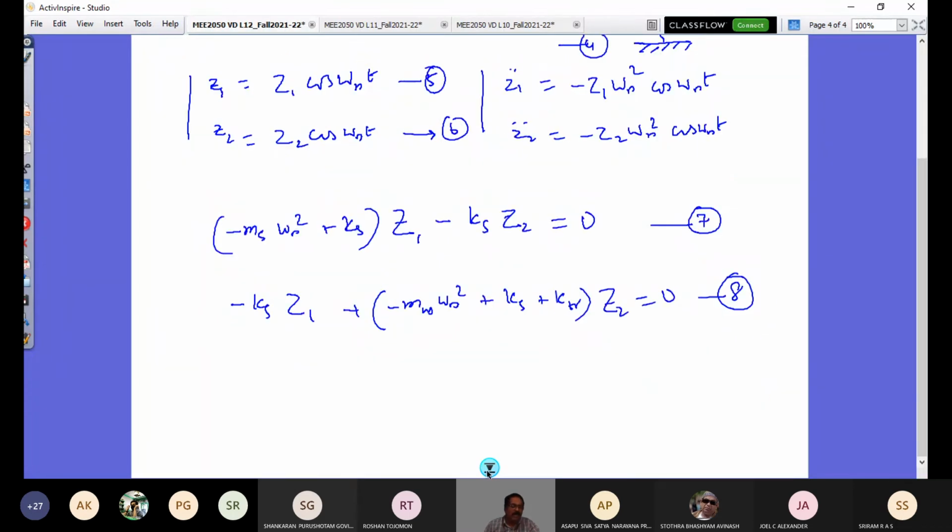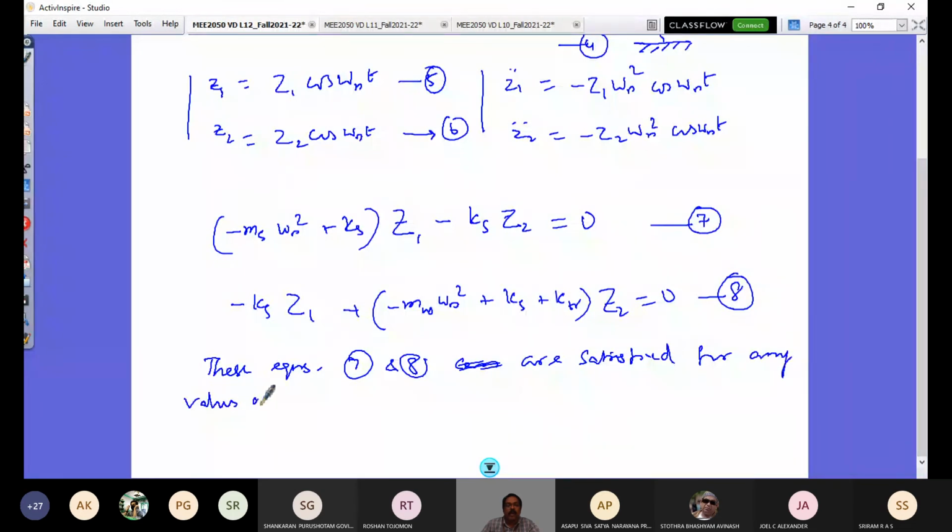So these equations are satisfied for any values of z1 and z2. When can I say that these equations, 7 and 8, are satisfied for any values of z1 and z2?